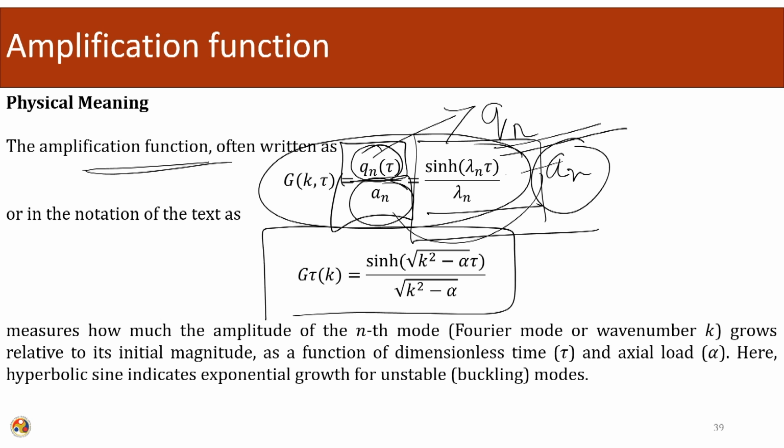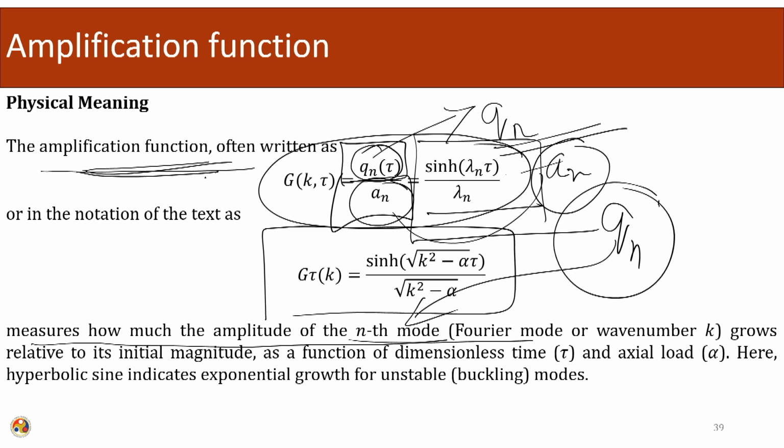So, the amplification function measures how much the amplitude of the nth mode, Qn, grows. Any mode, so it gives us a measure of how much the amplitude of the nth Fourier mode, or wavelength number k, grows relative to its initial magnitude as a function of dimensionless time tau and the axial load alpha.